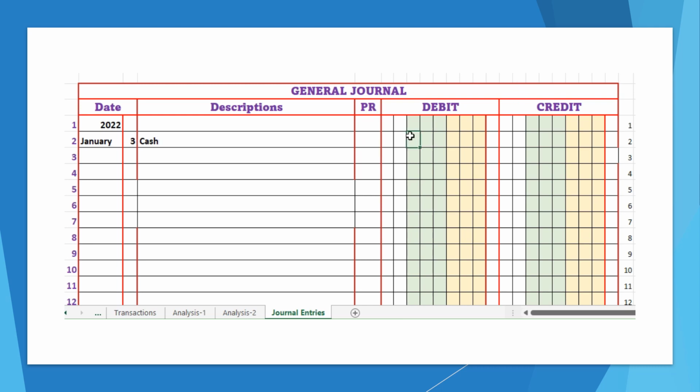Correct. So, 300,000. Okay? And then, our credit is masipag capital. So, 1, 2, 3, 4, 5. We have to indent for 5 tab.